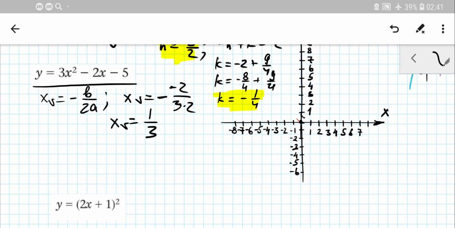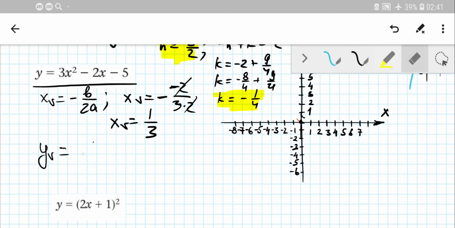Yeah, the two negatives cancel, and the 2s also cancel. So we've got 1 over 3, which is positive. And how do we calculate the y vertex? We simply need to put that 1 over 3 instead of x. One more time, I clearly show you that we plug 1 over 3 into the function, and that's how we can find the y vertex coordinates.